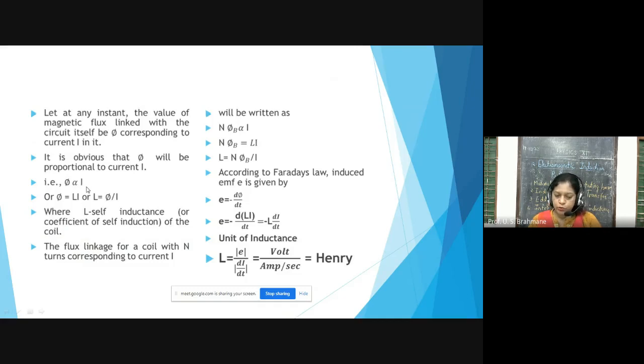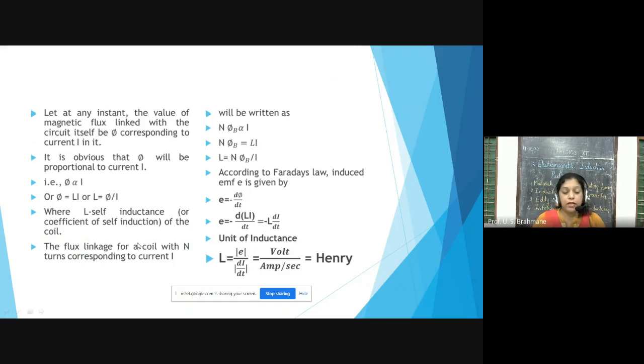So the next step: phi is equal to LI. L is the constant of proportionality, and L is equal to phi upon I. Here L is the self-inductance, or you can say the coefficient of self-induction of the coil.